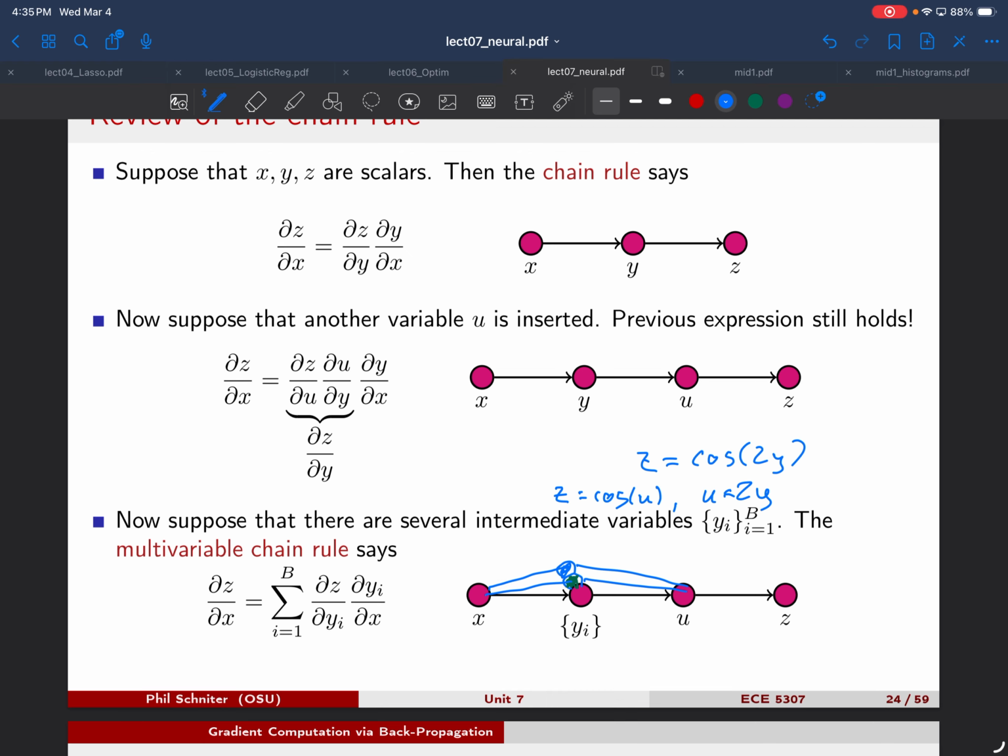So I could break things up by dividing that intermediate variable, but I don't necessarily need to. And if I've already computed dz dy, then I can ignore this way of breaking things up. So that's my point. But yes, mathematically they're the same. You have to take into account the exact functional relationship between z and y. We're not making any approximations.